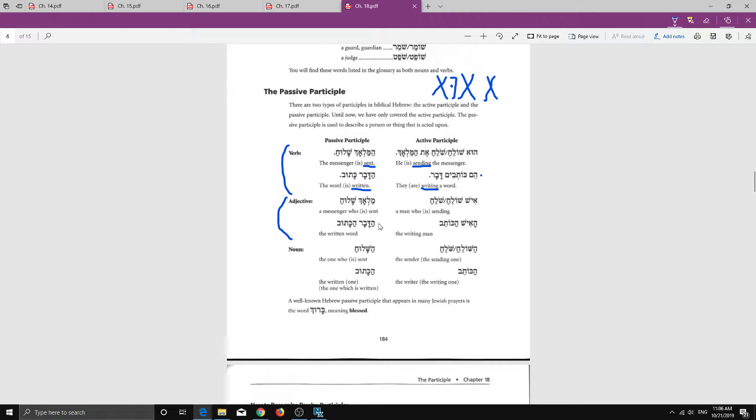And then we have hadavar hakatuv. The word, the written one, the written word. Finally, as a noun, we have hasholeach, the sender, the sending one.